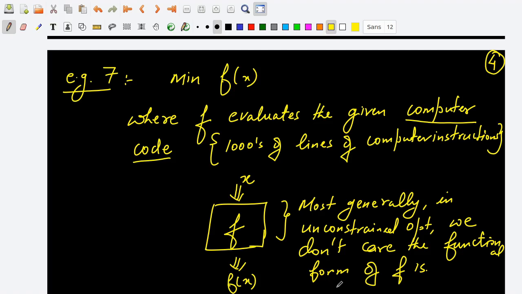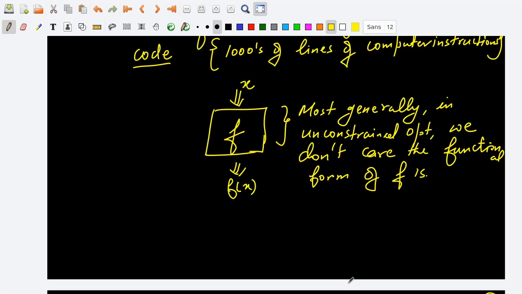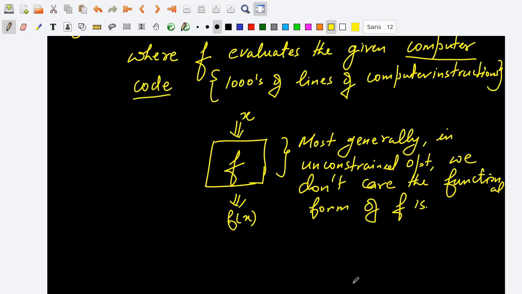Okay, so this is the most general form of unconstrained optimization, and we will see that it's slightly difficult to optimize because I don't know the shape of the function.